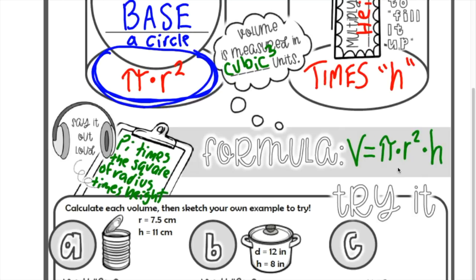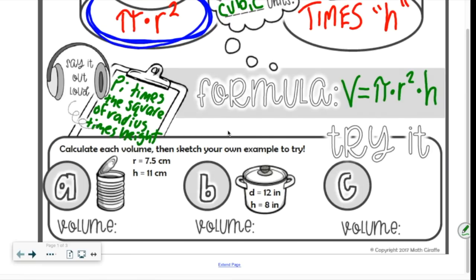So we have some examples here. Let's say that your radius of this can is 7.5 centimeters. And then they tell you that the height of the can is 11 centimeters. We are going to use our formula, and we are going to plug these numbers in. Go ahead and write your formula.